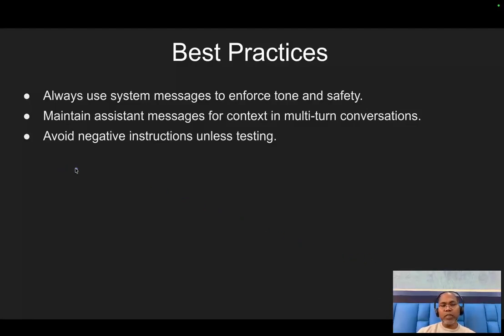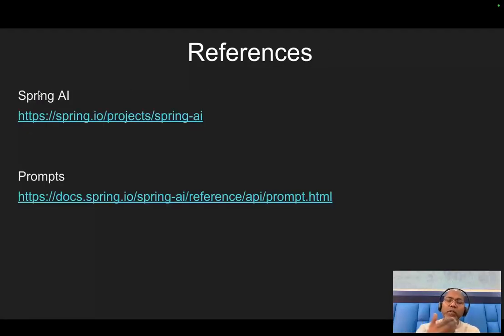So it is good to always use the system messages, because your application is always for a particular domain, a particular purpose. So you can say you are tuning your system to behave this way.